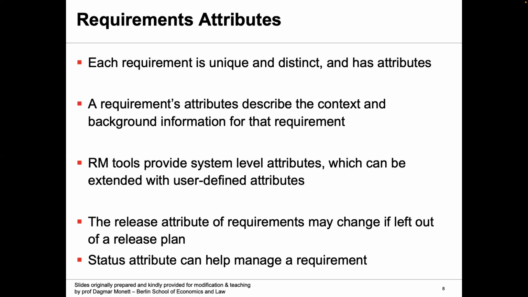Sometimes you include a certain requirement because it is meeting the needs of a particular user group. Later on, your marketing department decides that they don't care about that user group anymore. Having that justification present as a requirement attribute would help everyone on the team decide whether that requirement could be omitted or not.